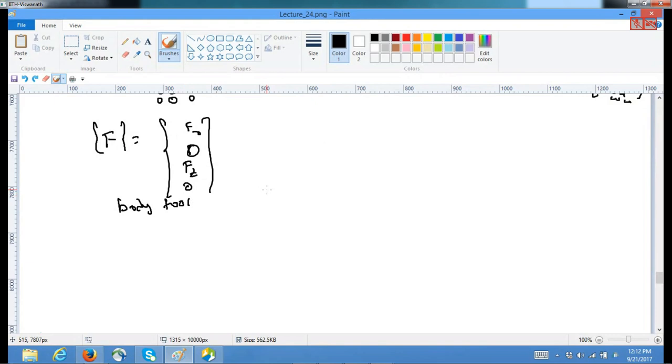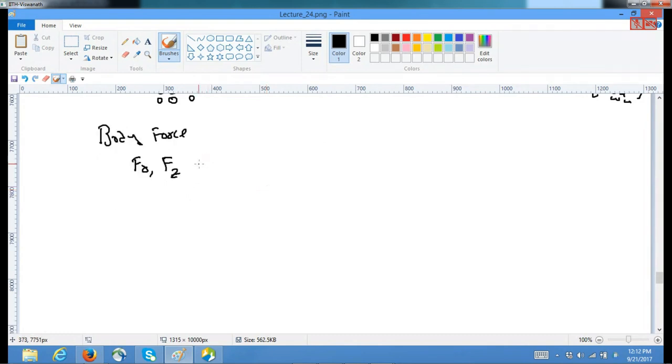Let us say the body forces are given by Fr and Fz. There is no F theta because the loads also have to be independent of theta, so F theta is by default 0.